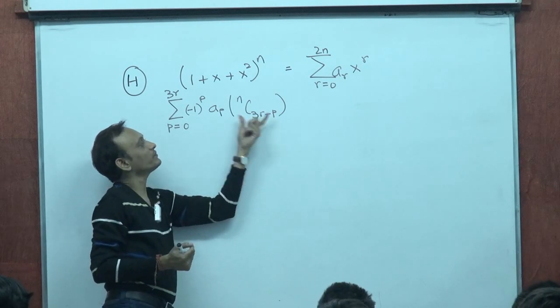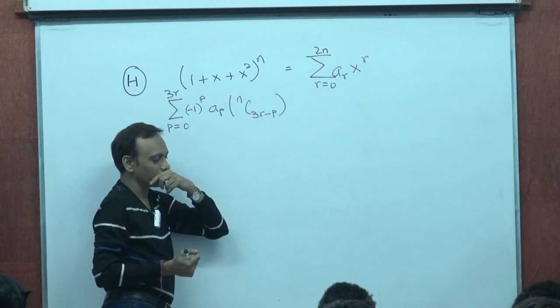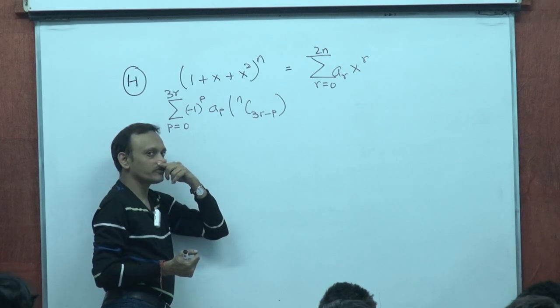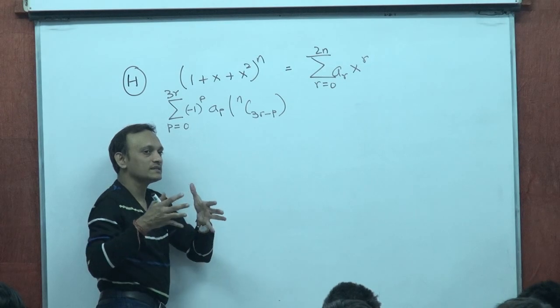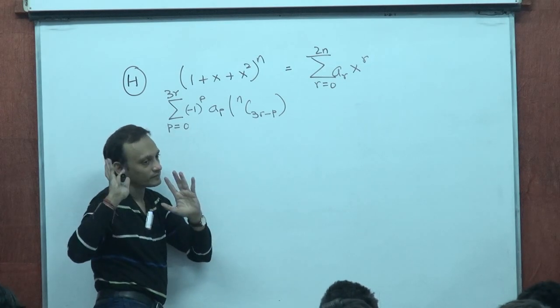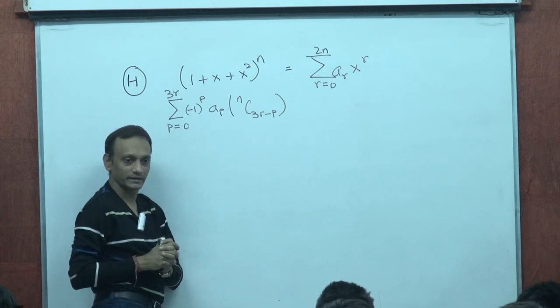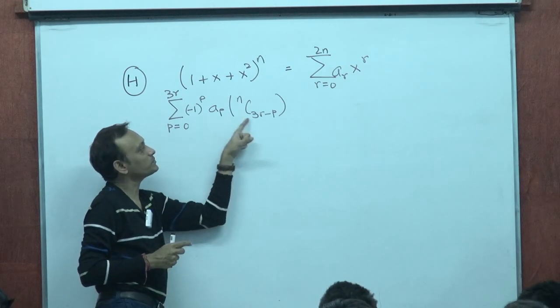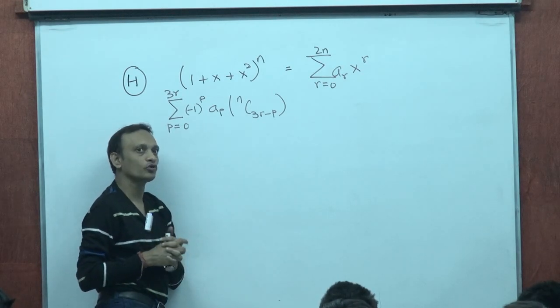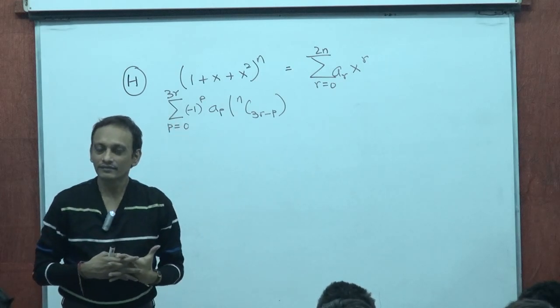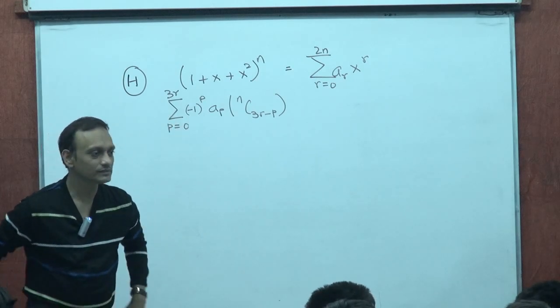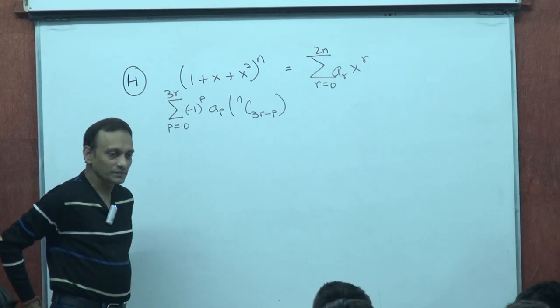This will give me nC(3r - p), the coefficient of x^(3r - p) in, let's say, (1 + x)^n. When I multiply these two, then I get a coefficient of x^3 somewhere, isn't it? Coefficient, something like that.